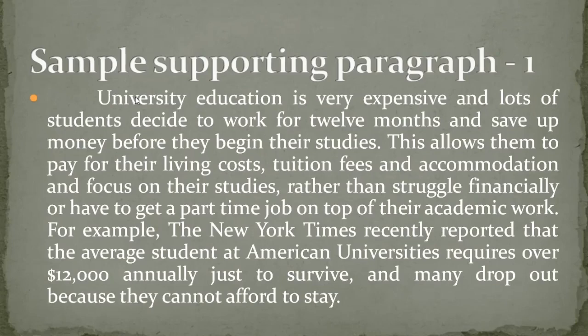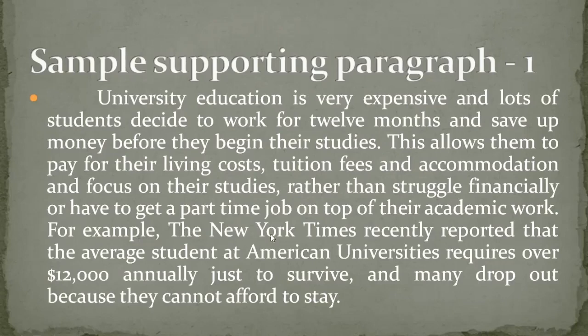So you have the sentence here. This is the topic sentence. They save up money before they begin their studies. That's your topic sentence. That's the explanation. Why do they need to save up money? Because they have living costs, tuition, and accommodation. That's the reason. And then you have the example.